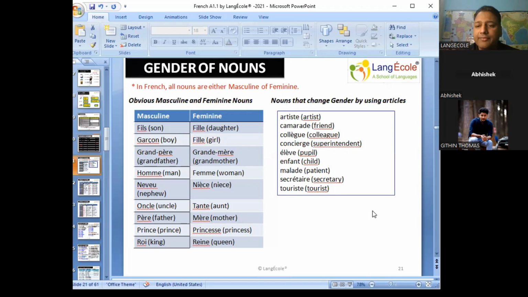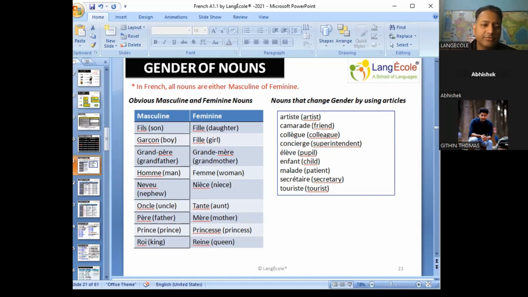In every language, there are some nouns which are masculine and some which are feminine, which can be found out just by the nature or meaning of the noun. For example, if the noun means boy, obviously you can find out that boy is a masculine gender, just by common sense.